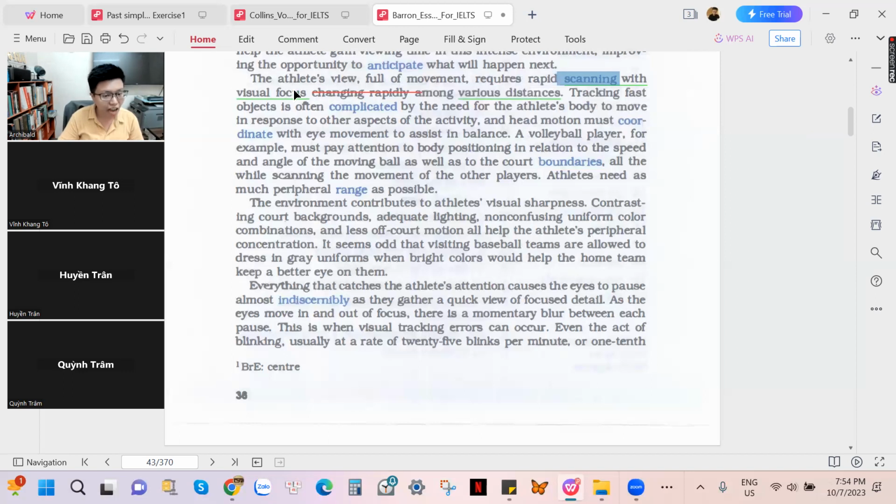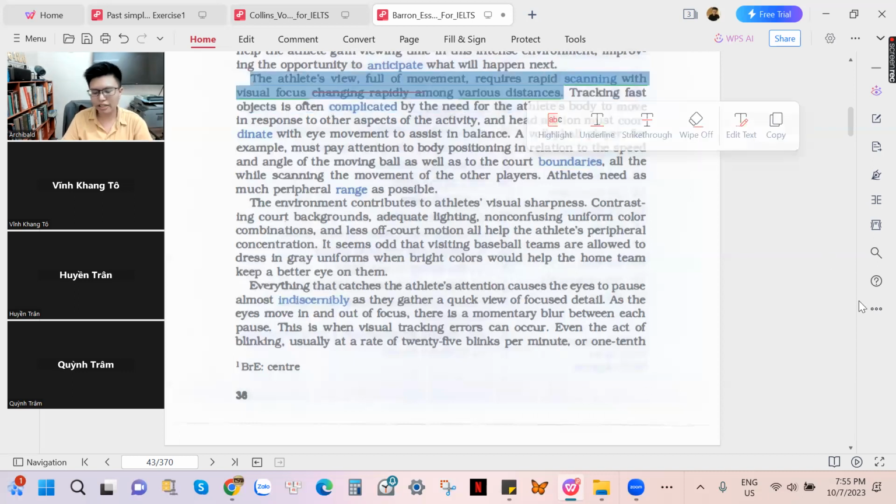And when he scans with his eyes, he needs to use his brain to work on what that thing is doing, where that thing is, visual focus in different situations or among different distances. That is the meaning of this sentence, right? Here, let's look back at the sentence to find out the Vietnamese meaning.